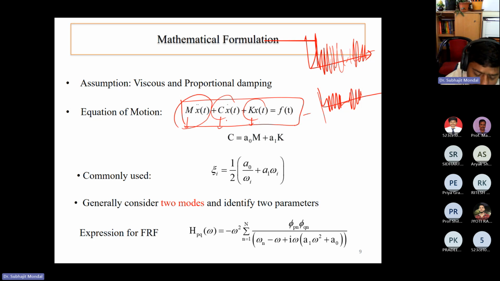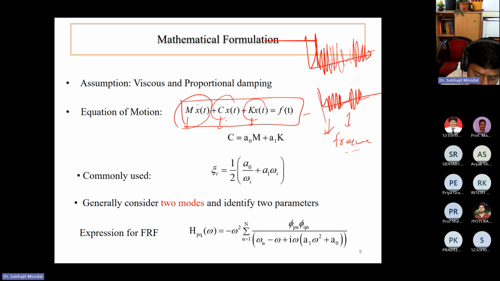For the same reason, what we used to do is go for dynamic analysis in the frequency domain. Now, what is the benefit of going for the frequency domain analysis? You will observe that we get a very well-defined pattern if we change this time domain response into the frequency domain response.